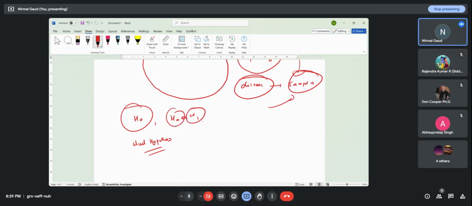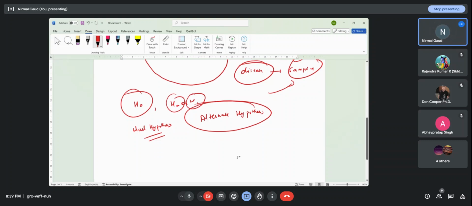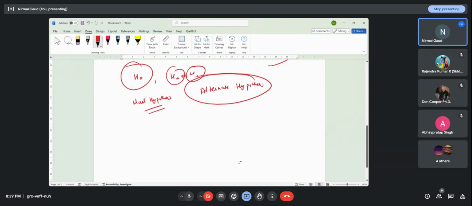H1 or HA is the alternate hypothesis. That means if null is not true, then obviously alternate is true. Then I told you that you have a confidence level and a significance level.